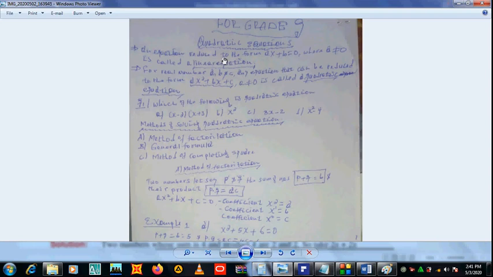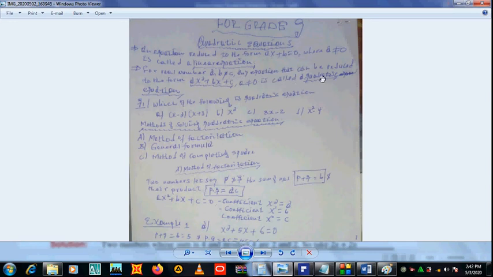An equation reduced to the form ax plus b equals 0, where a is different from 0, is called a linear equation. If x is to the power of 1, it is a linear equation. Mind you. For real numbers a, b, and c, these are coefficients.